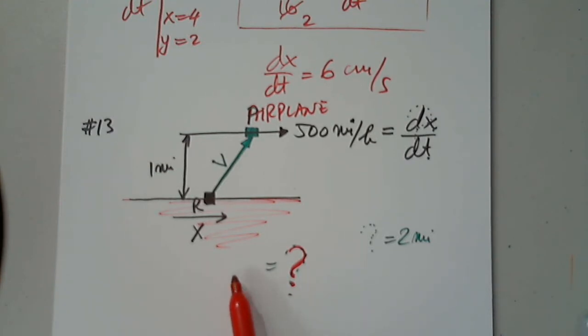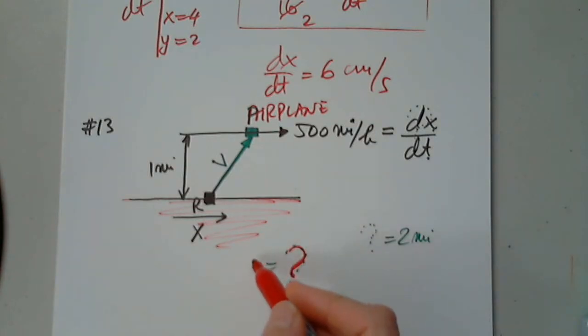So what are we asked? The distance between the plane and the radar, right? But it says clearly, so is it going to be dv? Ah, because it says find the rate. The rate. Good. I'm ready.